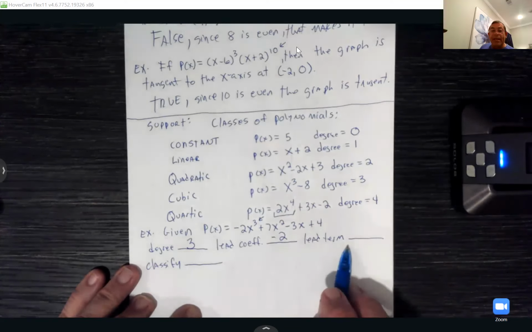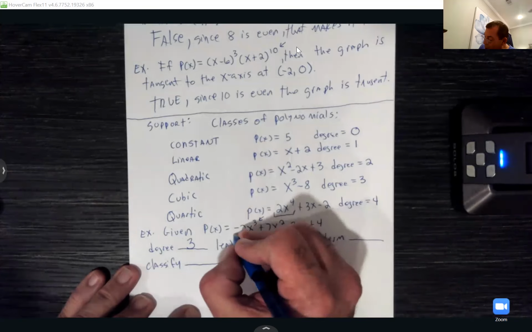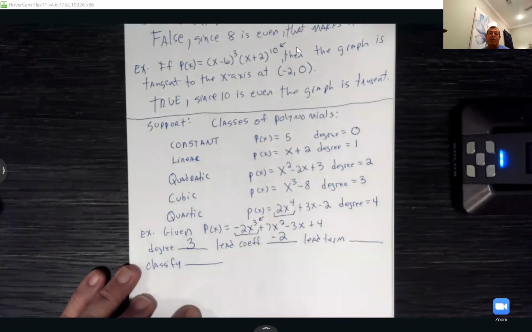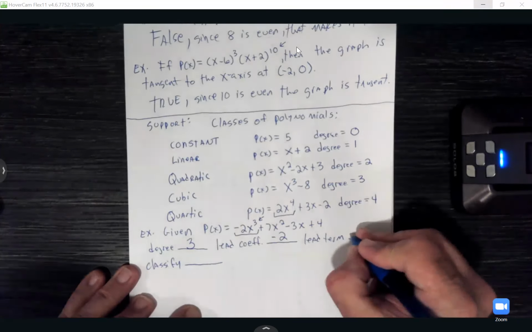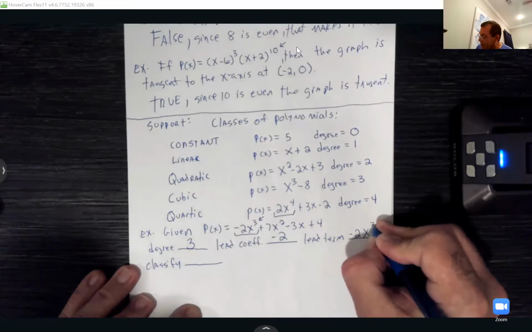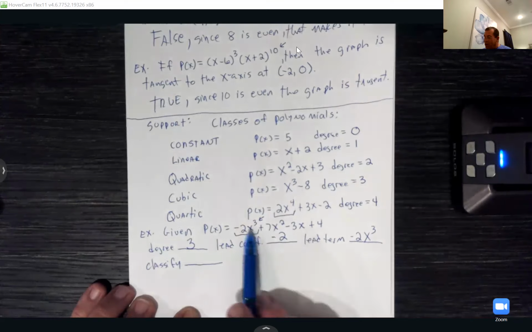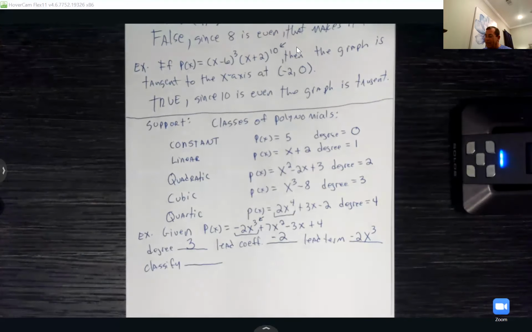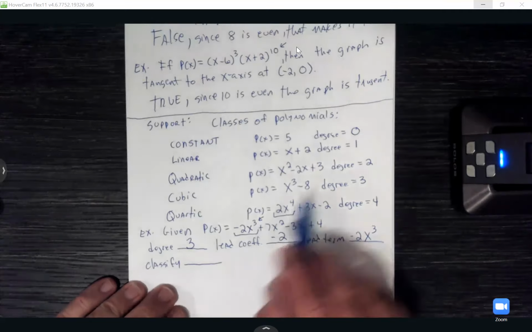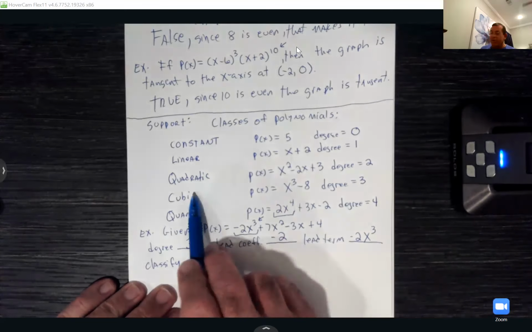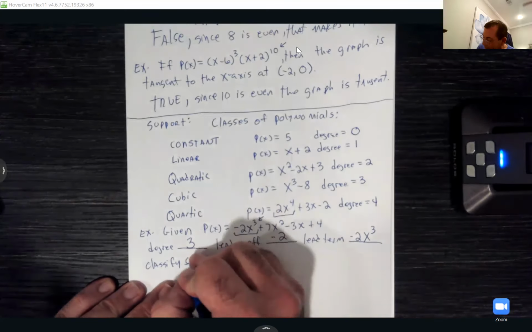Oh, so remember, the leading term is the whole part where you got that degree from. -2x to the 3rd. There you go. So based on this polynomial, is it constant, linear, quadratic, cubic, or quartic? Cubic, because you got a degree 3, and degree 3s are always cubic. There you go.